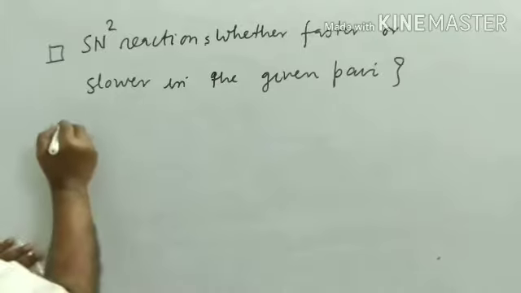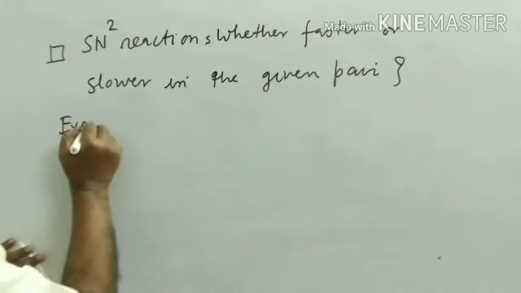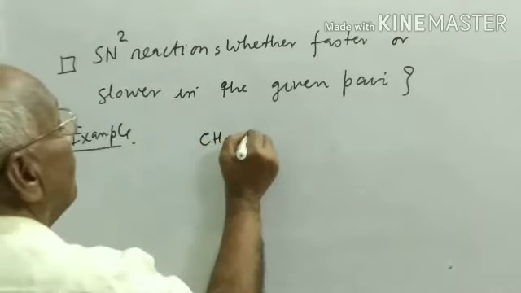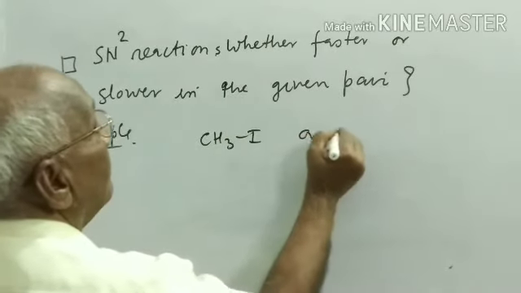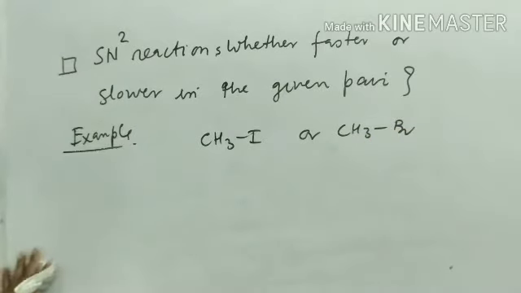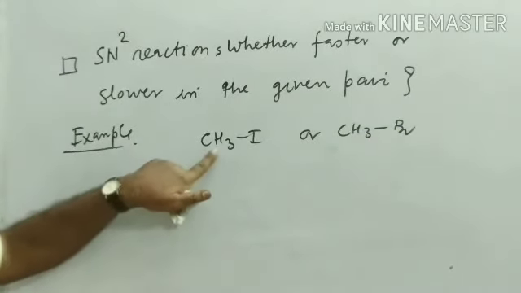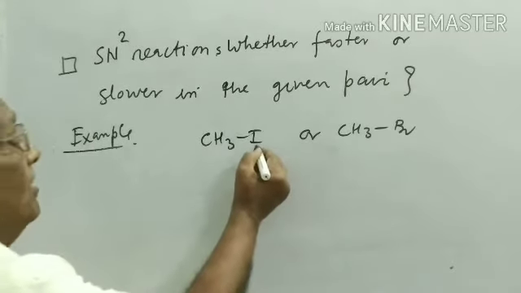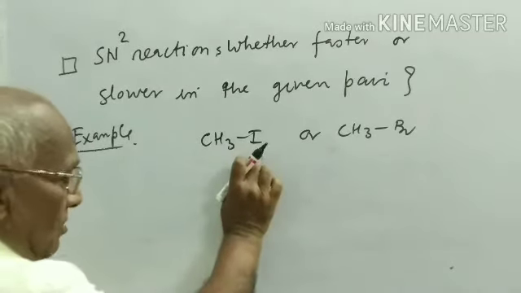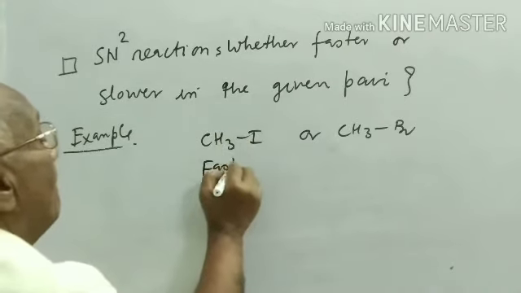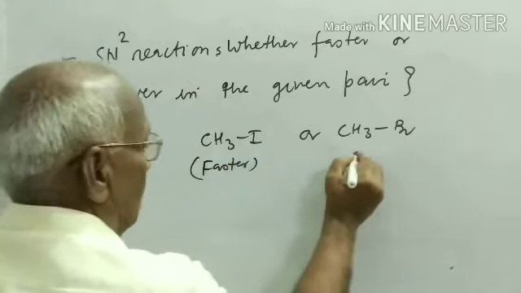For example, say it is CH3I or CH3Br. Very simple. R is constant, I and Br are different. Iodide is larger, so it has good leaving tendency, so it is faster. The other is slower.